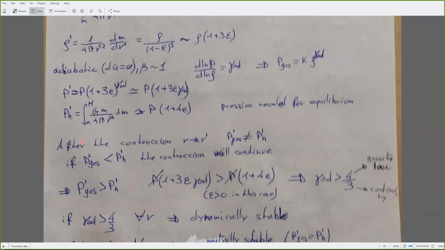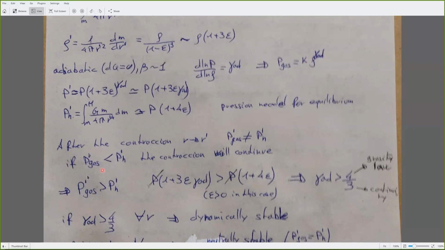So if the pressure of the gas is less than the pressure needed for equilibrium, we are considering the contraction, so contracting, the gravitational effect starts to be greater. If the pressure is smaller, the contraction will continue: we have instability. If the new pressure of the gas is greater than the new pressure needed by the equilibrium, we have stability.